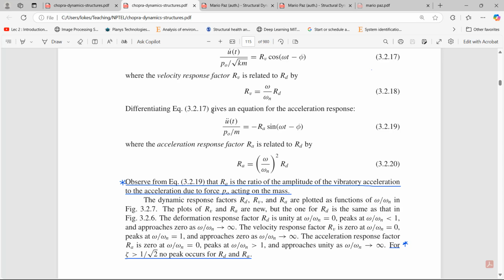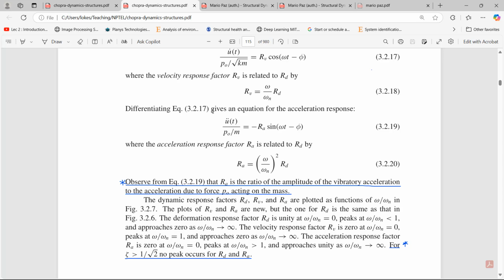Now we want to measure this acceleration, but what we are measuring is this displacement. So let's see the relation and understand a few more things. This can be written as minus Rd divided by omega n square, because omega n square is equal to k by m, that I just substituted.